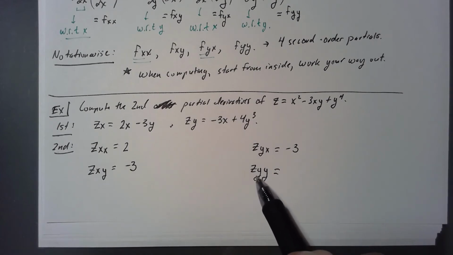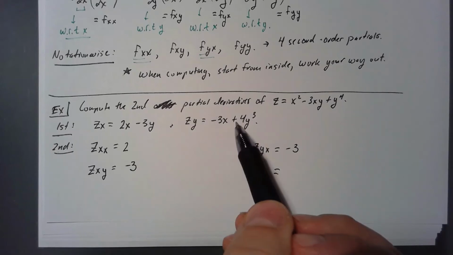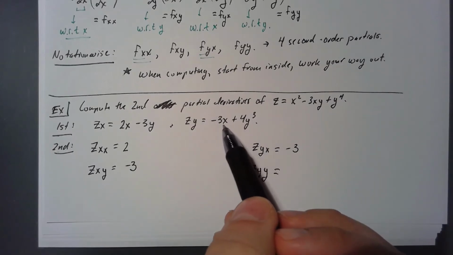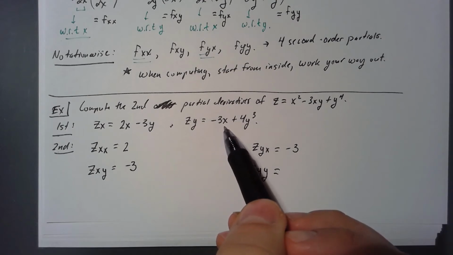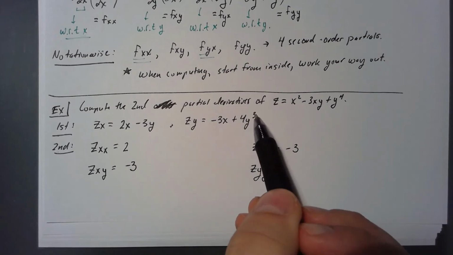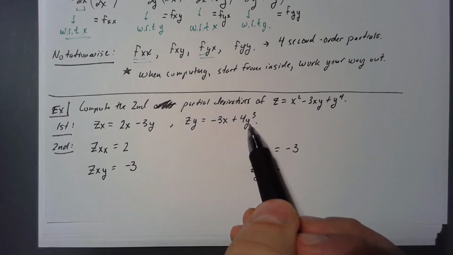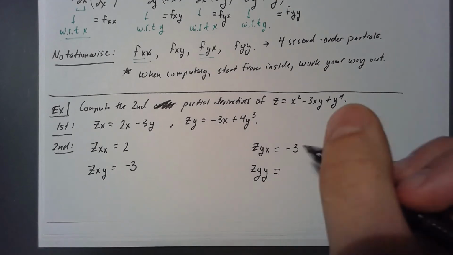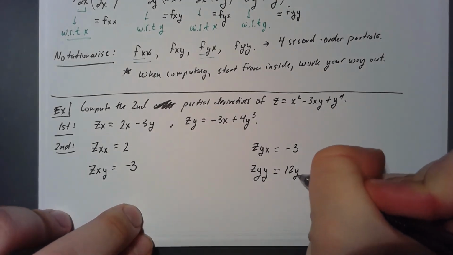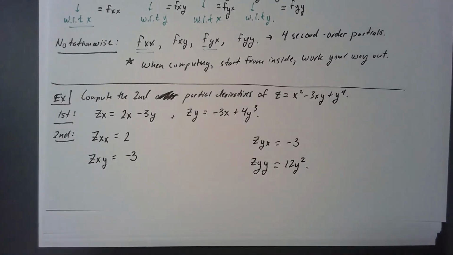And then I have the derivative of this with respect to y. This is a constant, so that's going to be 0. And then the derivative of this with y is the power rule. So this will be 12y squared. So those are my partial derivatives.